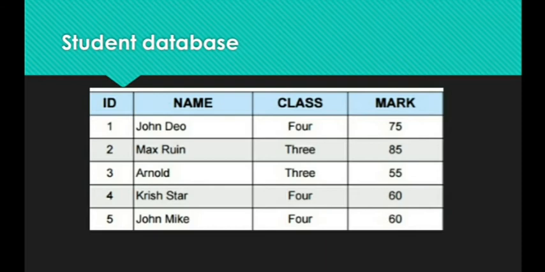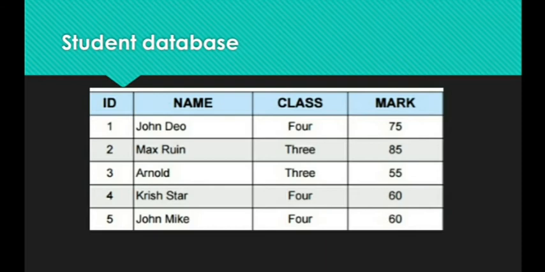Here we have taken the data relevant to the student, that is, the register number or ID, name, class and mark. Whatever data I have collected should match the column heading.